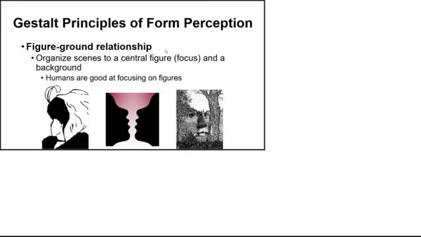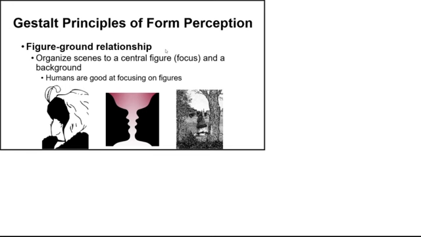So if we were looking at a painting, we would focus in on a figure, a person standing in that painting, before we tried to look at the background as a whole. So we focus on individual elements that are probably closer to us and something that we could interact with. And then we will eventually consider the situation that we're in. Then we'll look at the background if it's important. So we're really, really good at deciding what that central figure is and what that background is.